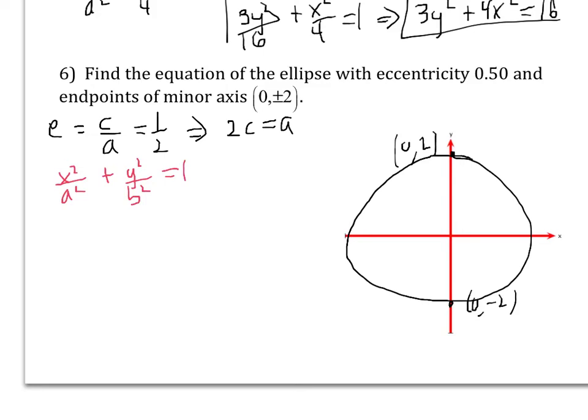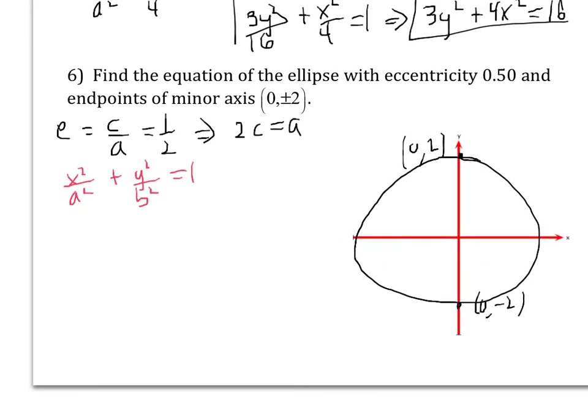Alright, so you know b is actually 2. So what we know is x squared over a squared plus y squared over 4 equals 1, right? Because we know b is 2.